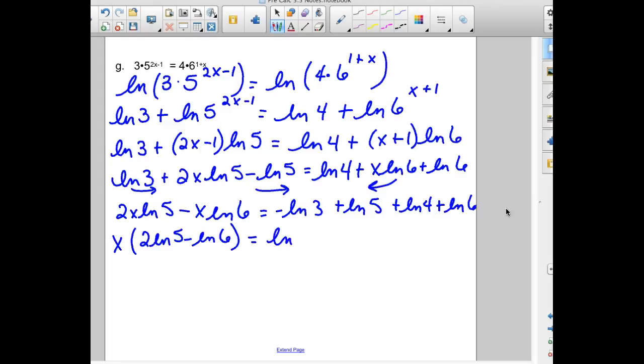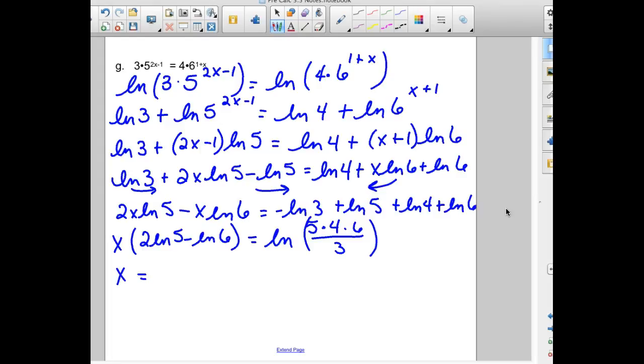We've got the natural log of 3 being subtracted, which means it's on the bottom. But the top is going to have a 5 times 4 times 6 all over 3, if we condense that down.